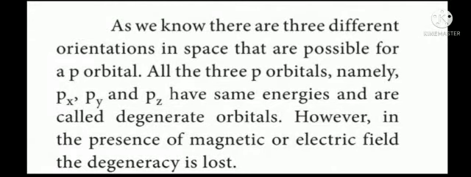As we know, there are three different orientations in space that are possible for a p orbital. All three p orbitals, namely px, py and pz, have the same energies and are called degenerate orbitals.